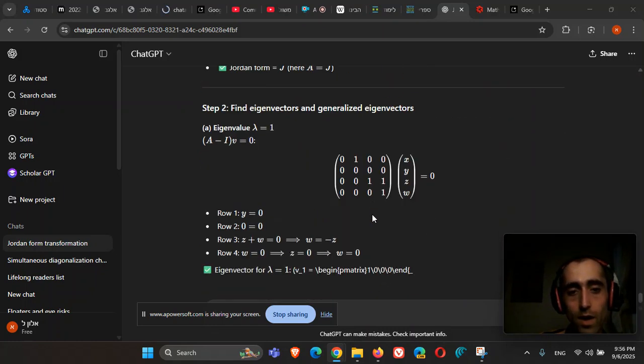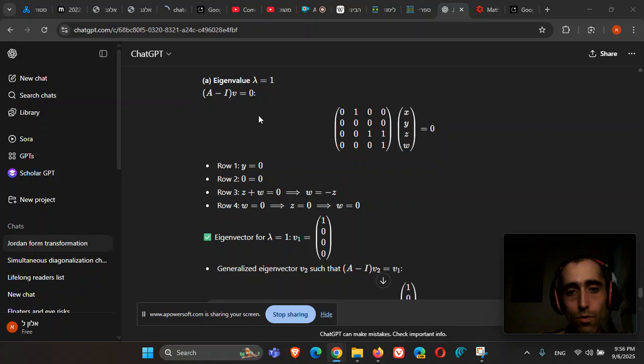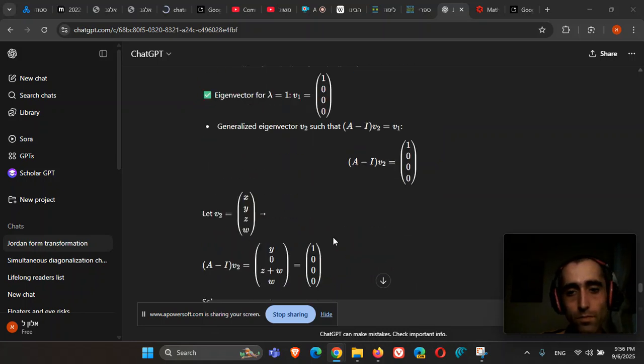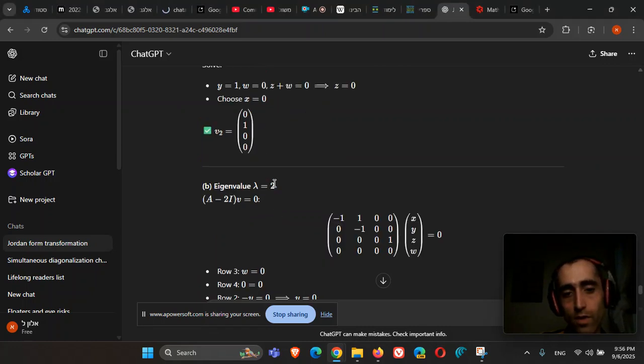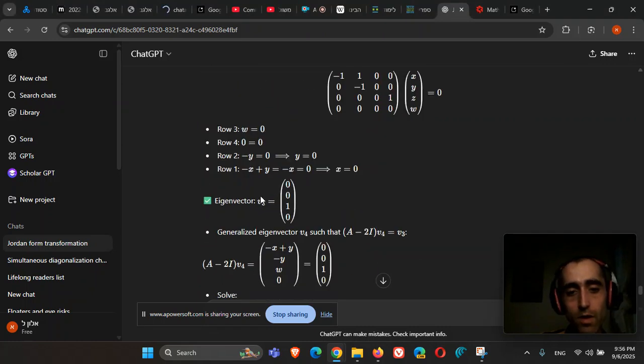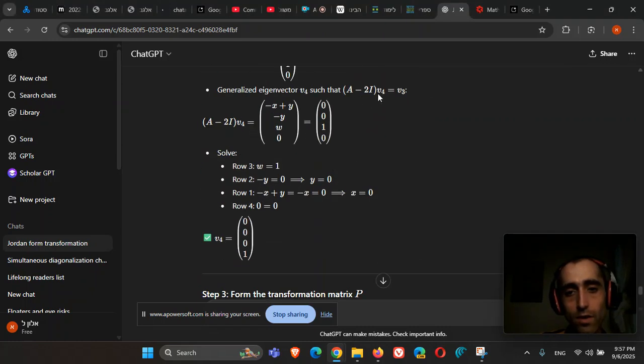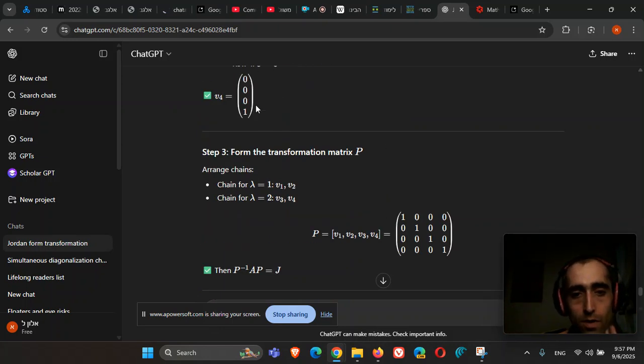What will I do? You see that for the first eigenvalue, I get the eigenvector, but I need to do a chain to find the second one. For the second eigenvalue, I do the same: find the eigenvector and then another one, because I need as many eigenvectors as the algebraic multiplicity. I take those eigenvectors, put them in a matrix as columns, and this is my P, and this is how I found P minus 1 AP equals J.